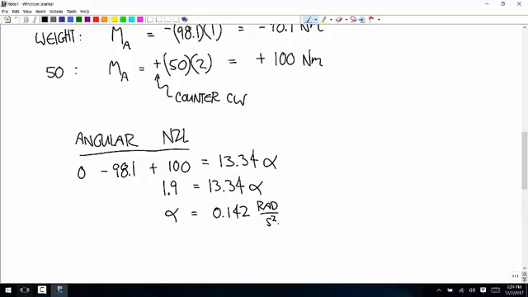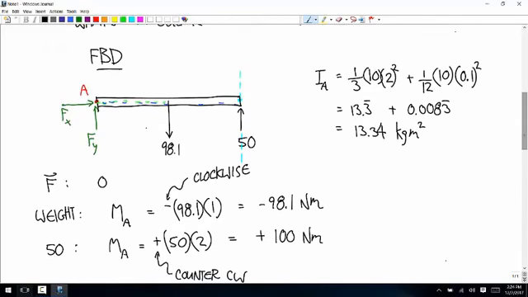So is that angular acceleration clockwise or counterclockwise? Counterclockwise.